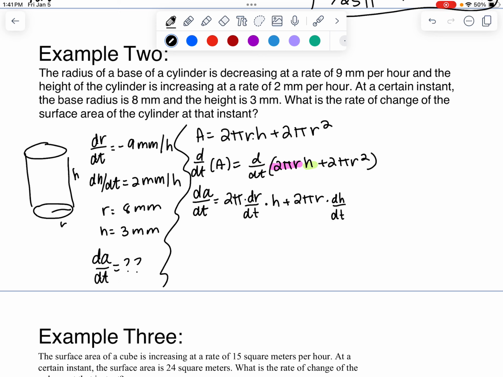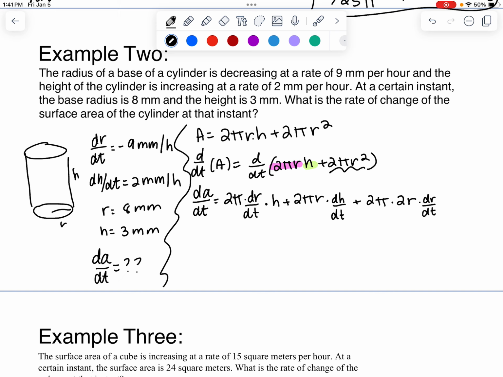So that part was messy, but then the second term over here is fine. There's not two variables. Pi is not a variable, it's a constant. So this will be 2 pi times that 2 that drops down, times r dr/dt. So it's pretty messy, but that's it.